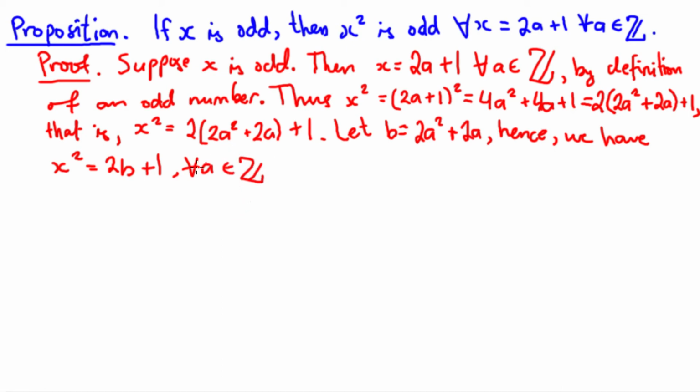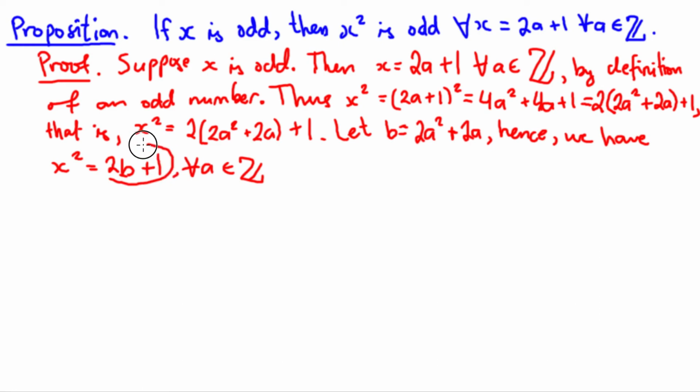Okay, now since a is an integer, whatever the value of b is, it's going to be an integer for sure. And we put this integer in this form. That integer times 2 makes it even, whatever the integer is, and then we add 1.